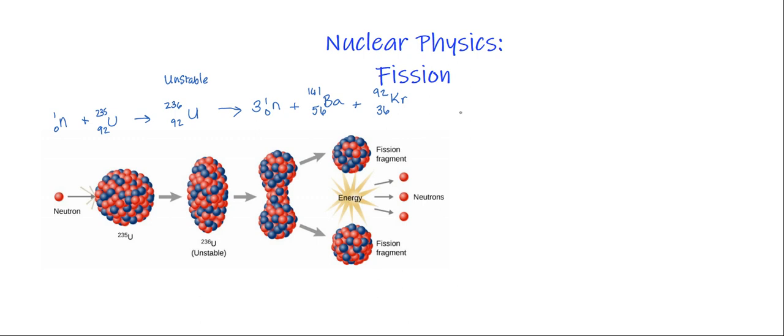So what happens here is that there's also going to be some energy formed in this reaction, and that's the whole point of this being useful in some ways, to harness this energy. And what we're going to do here is calculate this energy by using the idea of the mass defect. This mass defect is going to be the difference in the mass of the reactants and the mass of the products of the reaction.